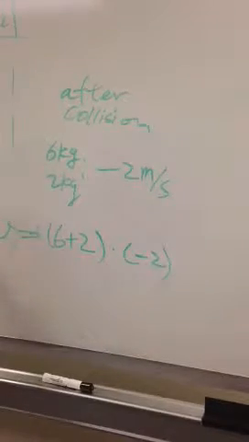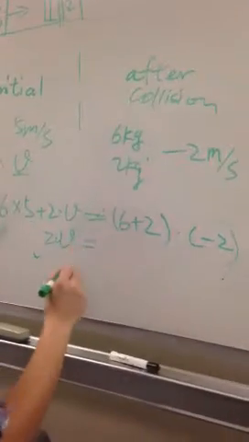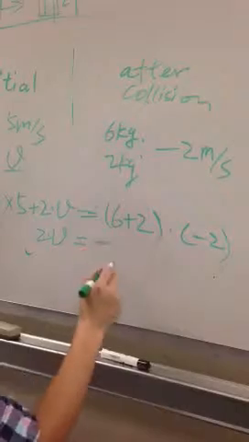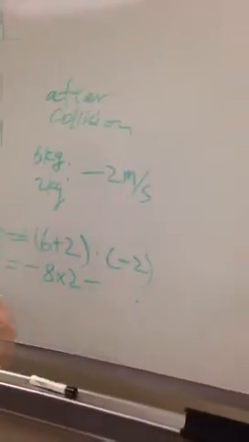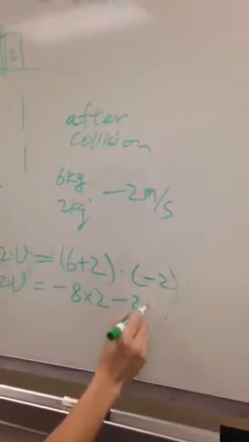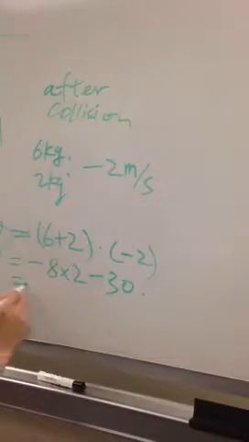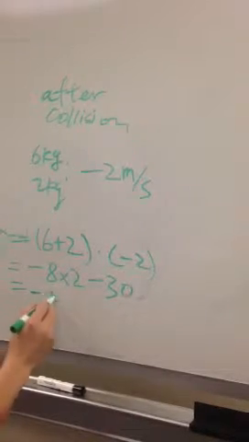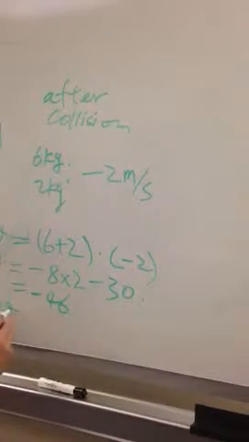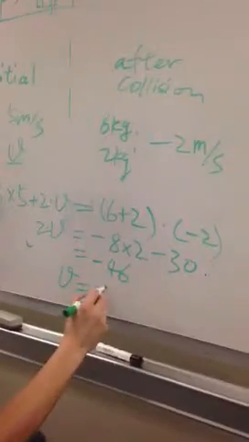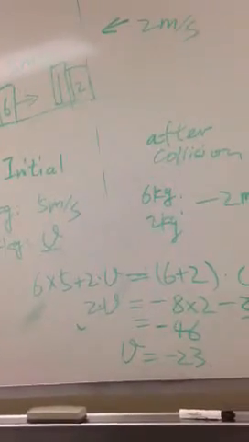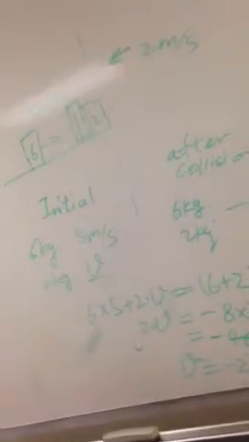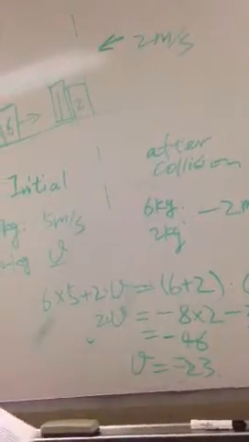And 2 velocity will be -8 times 2 minus 5, 6 is 30, and it's -46. So if you calculate velocity, it will be -23. But the question is asking you the speed, so you take out the direction, it's 23.